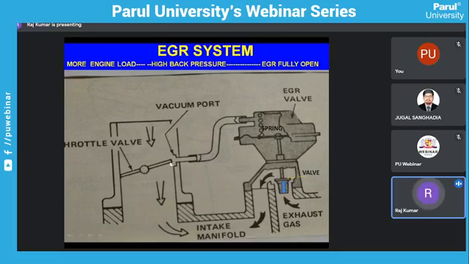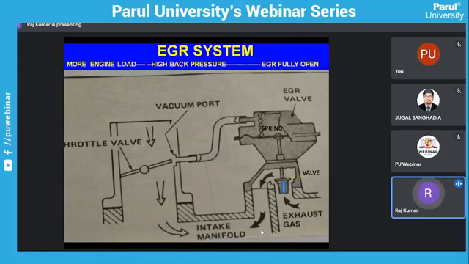When the throttle valve is closed, the full vacuum will be there. If the vacuum is there, the diaphragm will be lifted up and the exhaust gas will go to the intake manifold. Rather, the exhaust gas will recirculate inside the intake manifold.